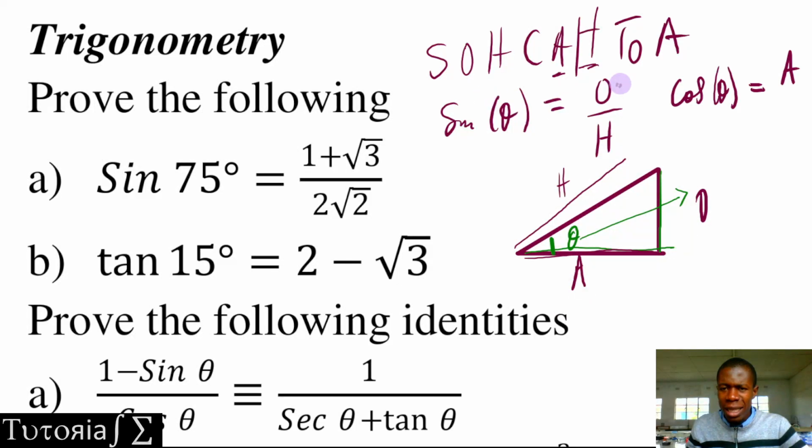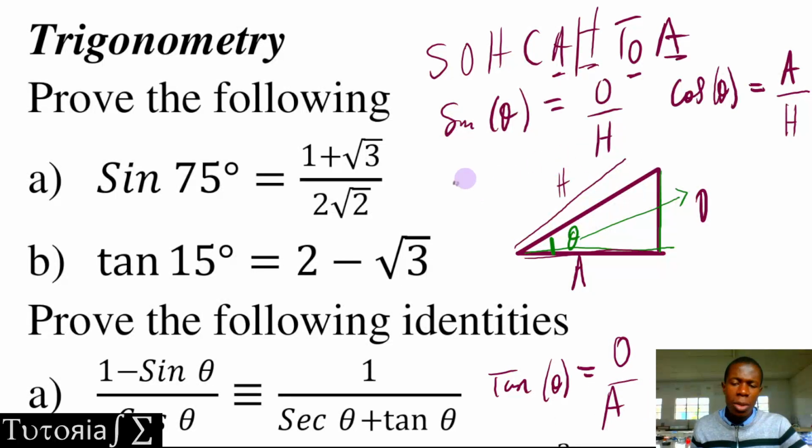Sine theta is the opposite over hypotenuse, so you find this length over the hypotenuse. Cos theta is equal to adjacent over hypotenuse. Then tan theta is equal to opposite over adjacent. So this is what you should know.